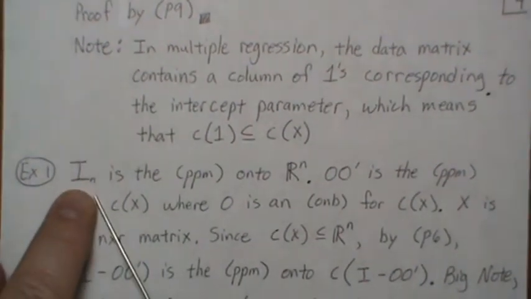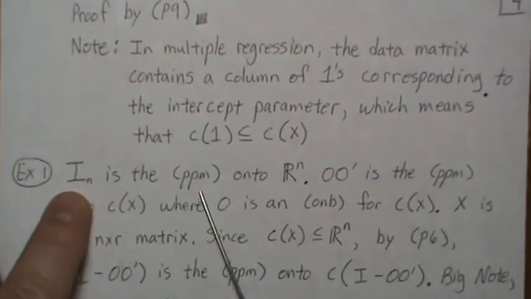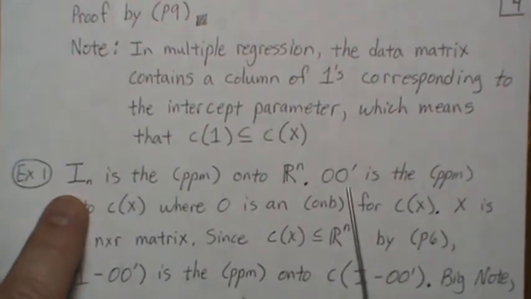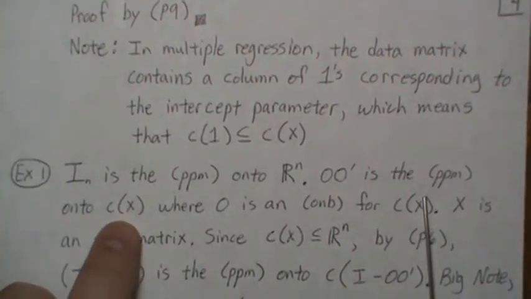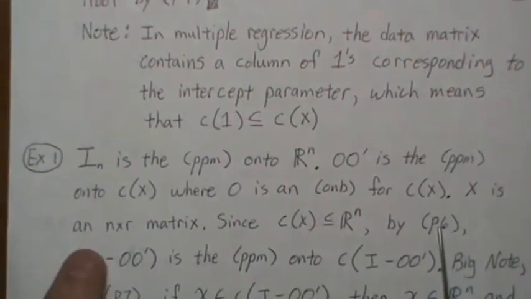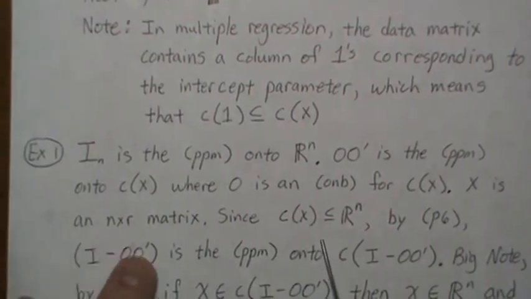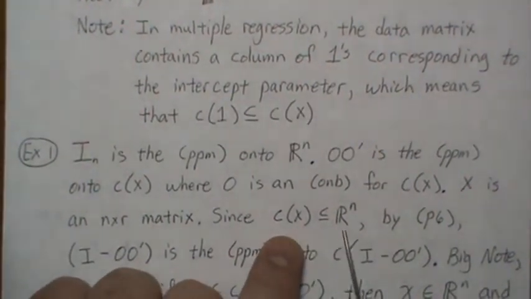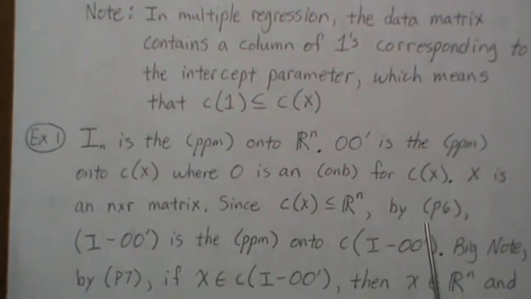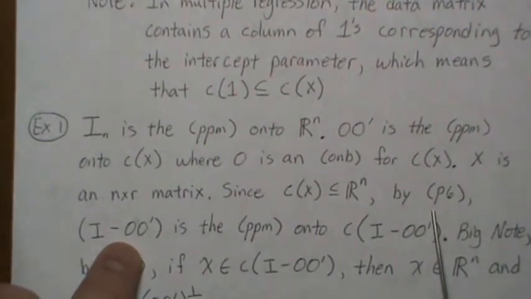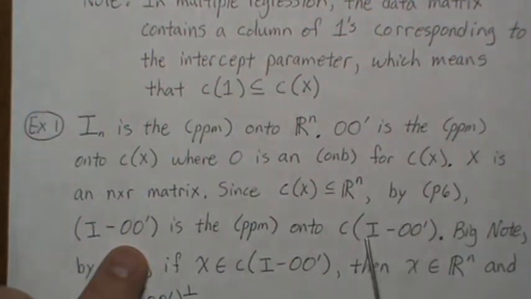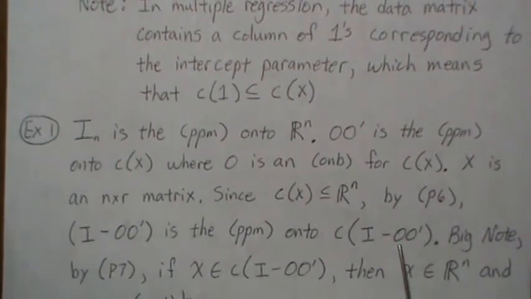So note that the n by n identity matrix is a perpendicular projection matrix onto the n space, and OO prime is a perpendicular projection matrix onto the column space of X, where O is the orthonormal basis for the column space of X. X is an n by r matrix, and since this column space is a subset of the n space, then by P6 in the first video, the identity minus OO prime is a perpendicular projection matrix onto the column space of the identity minus OO transpose.